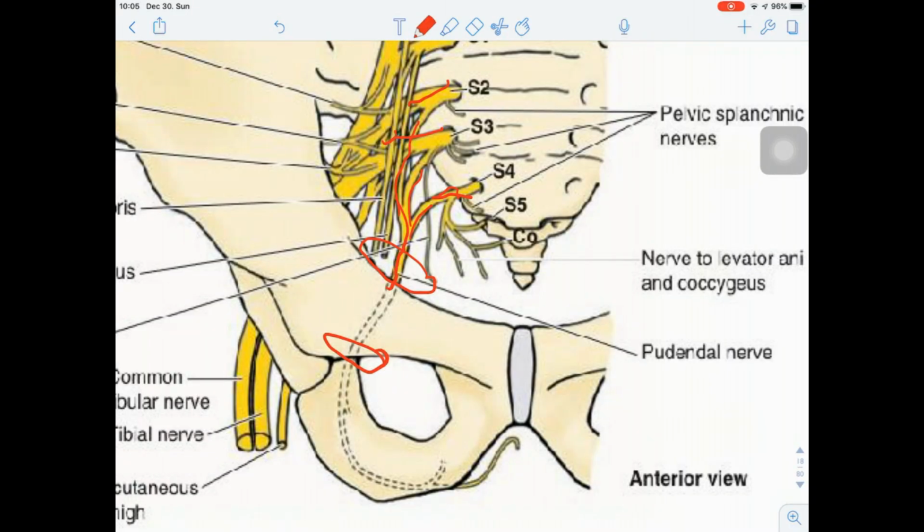What do you mean by coming back? So the pudendal nerve's function is to give the main nerve supply to the, let's say, external genital organs and perineal muscles. First you're in the pelvic cavity, then the pudendal nerve passes through the greater sciatic foramen to the gluteal region.